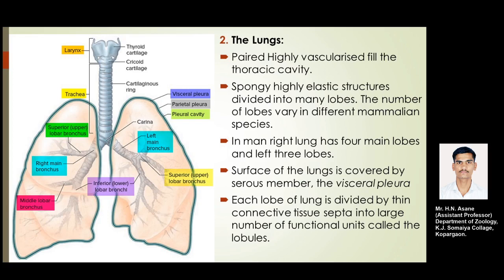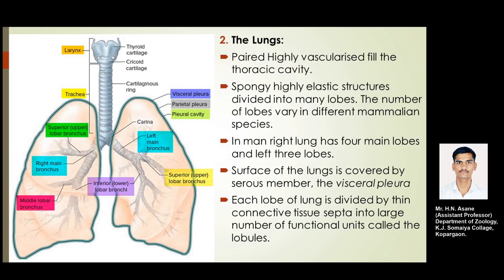We have seen in the last session the larynx, the cricoid cartilage, and from the cricoid cartilage to the carina, that V which divides the trachea into the two bronchi.